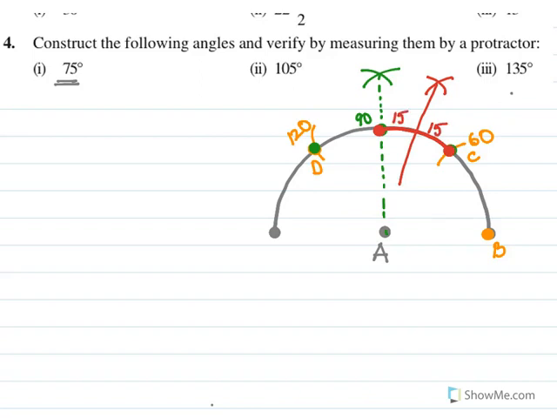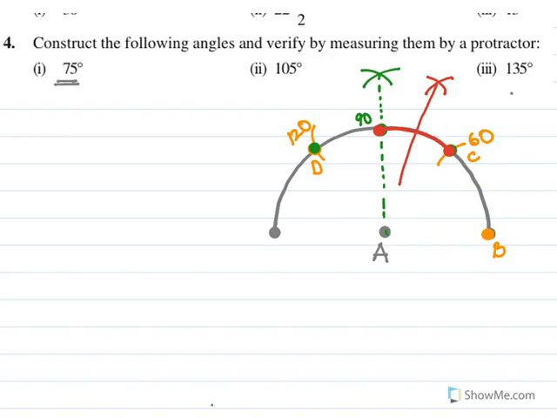Now 60 plus 15 would be 75. So here we have 60 plus this 15. So this point here would be 75. It would be 60 plus 15.